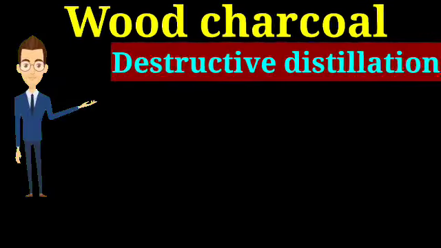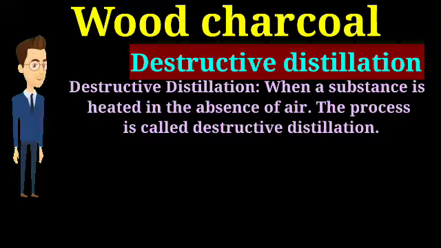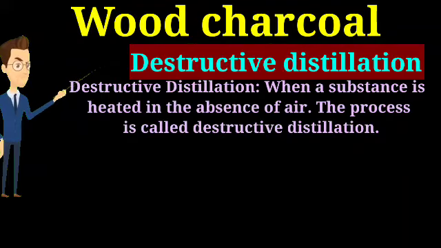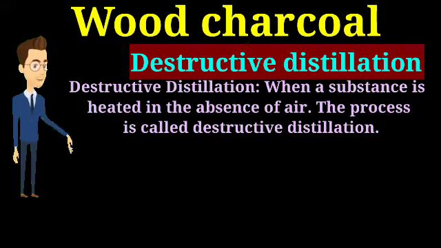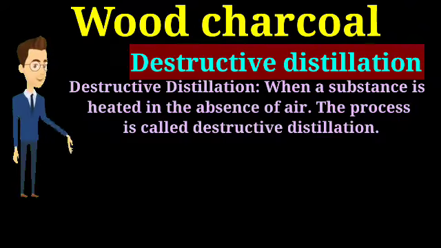Now we will talk about wood charcoal, which is produced by destructive distillation. What is destructive distillation? When a substance is heated in the absence of air, the process is called destructive distillation. Means heating coal or wood in the absence of air at high temperature converts it into charcoal.